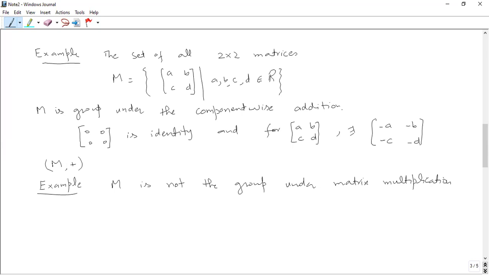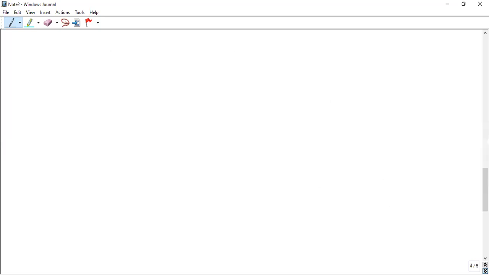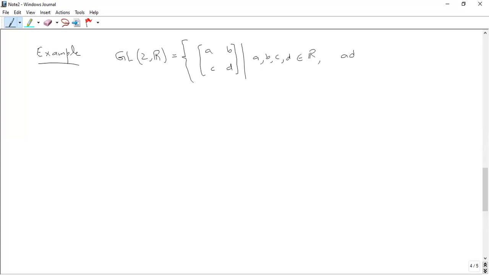So we can take a special set which is called the general linear group of 2 cross 2 matrices with real entries. It is actually the set of all 2 cross 2 matrices with real entries and with the condition AD minus BC is not equal to 0. Means the determinant of the matrix is not 0.